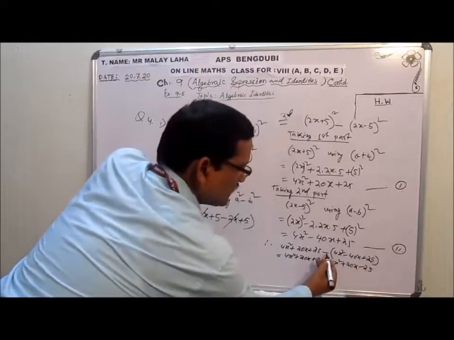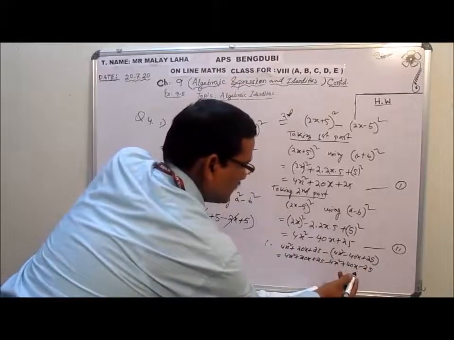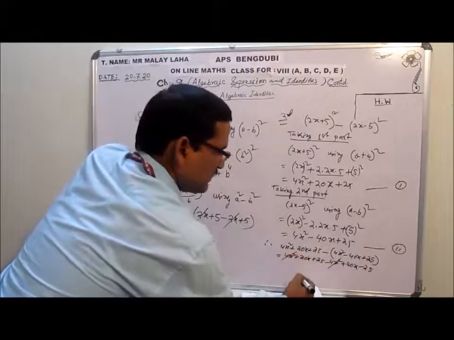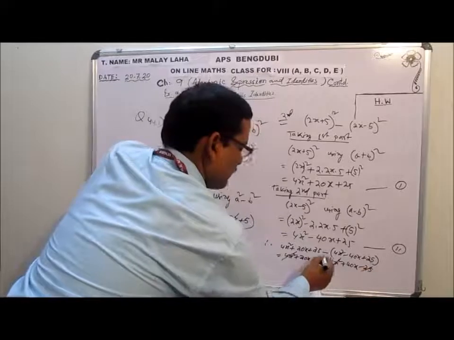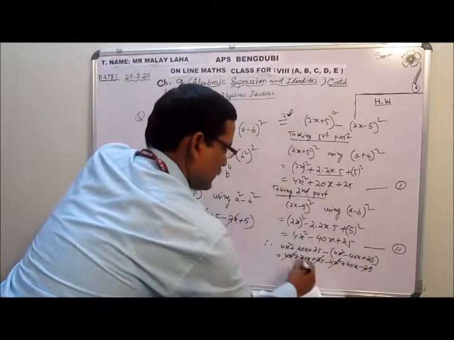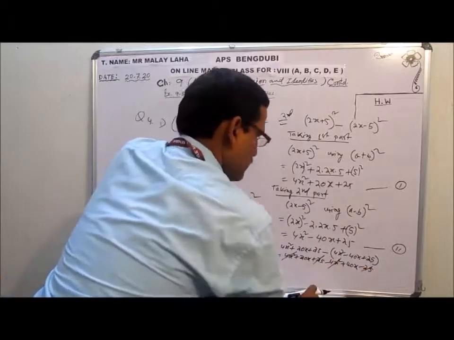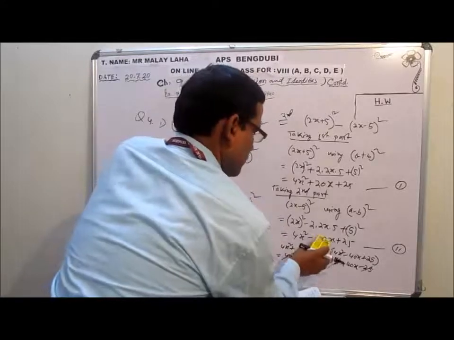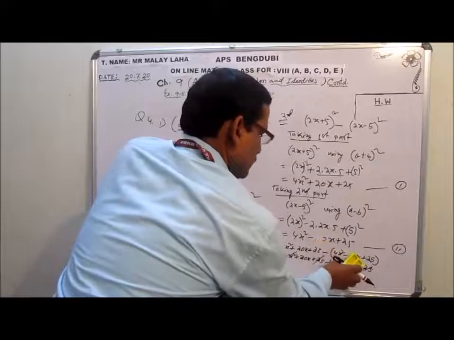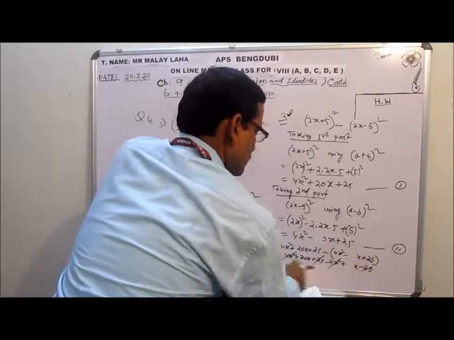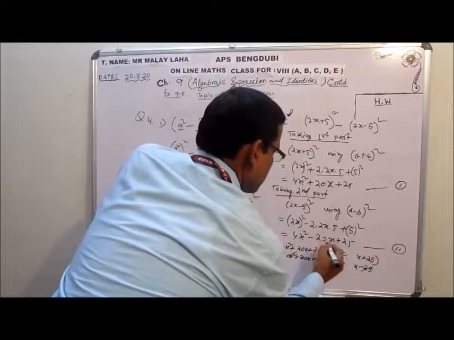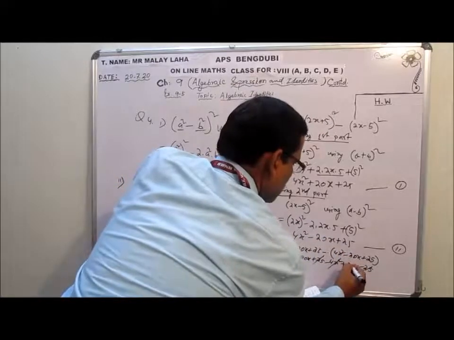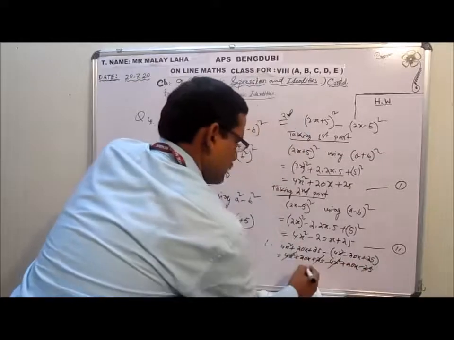So the minus sign was there, and when removing the bracket, the sign changed. You see, minus 4x² plus 4x² cancel, minus 25 plus 25 cancel. What is left out? Sorry, it will be 20x, not 40x, after multiplying. So 20x and 20x.